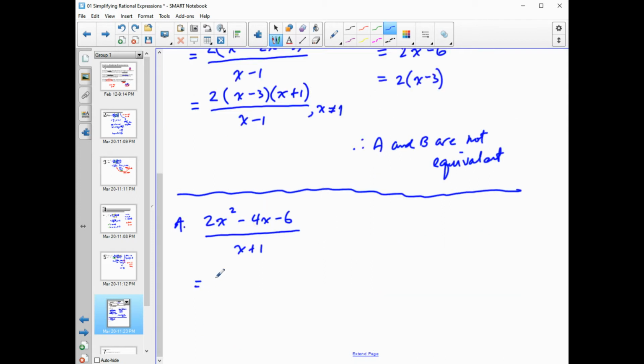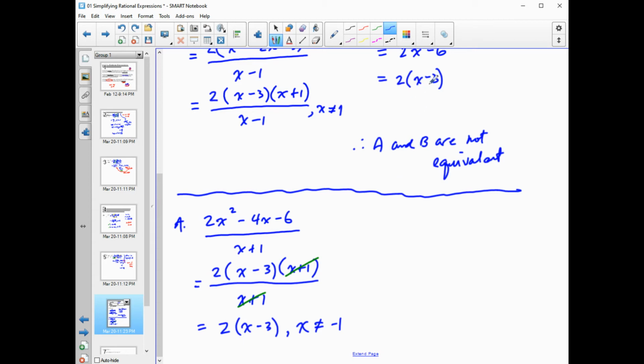The numerator is going to factor to 2 times x minus 3 times x plus 1, all divided by x plus 1. Then I divide out those x plus 1s, and you can see this is a more useful result because now I end up with 2 times x minus 3 with the restriction that x is not allowed to be negative 1.